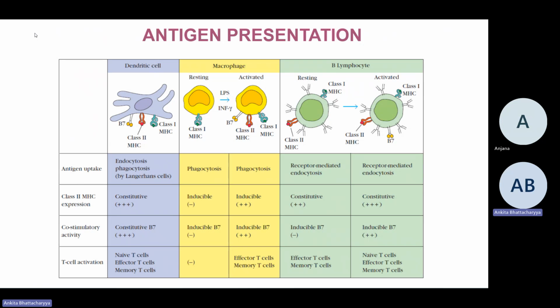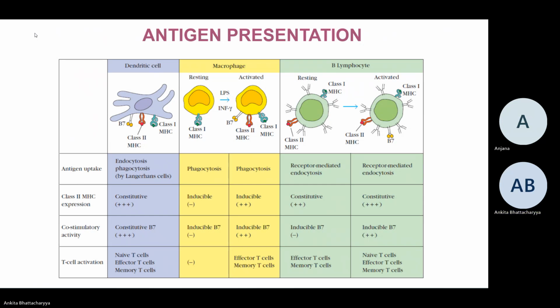Third, there is co-stimulatory activity, where B7 and CD28 are executing their activity.